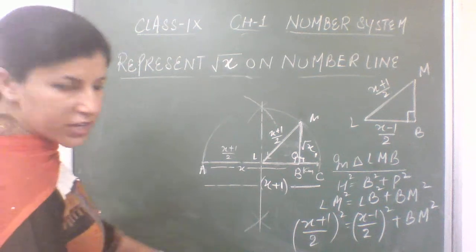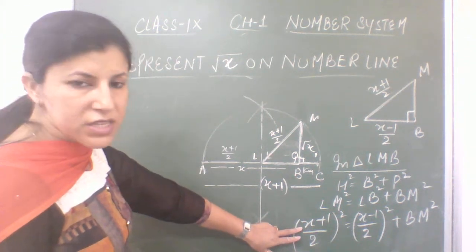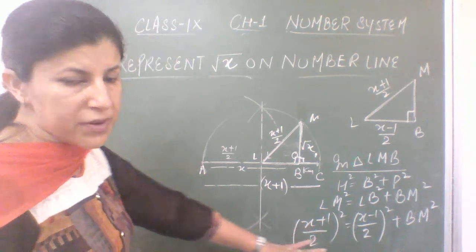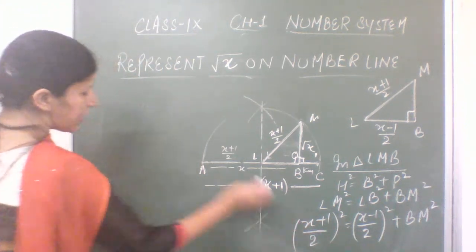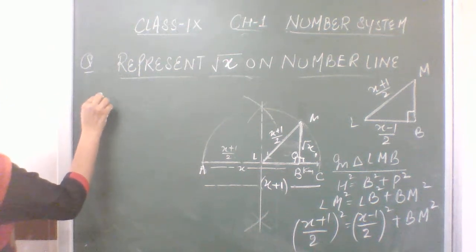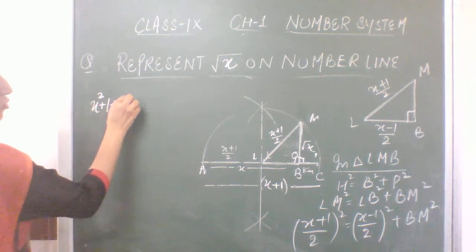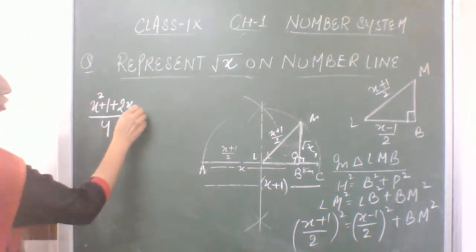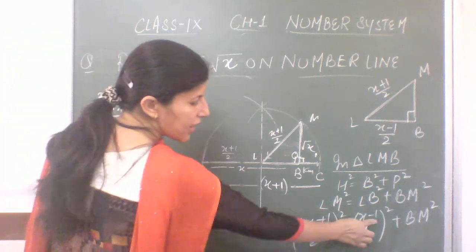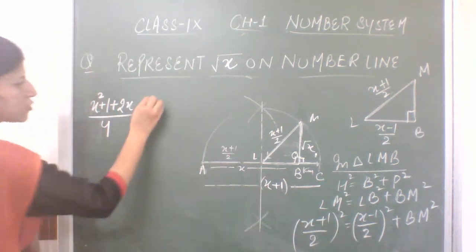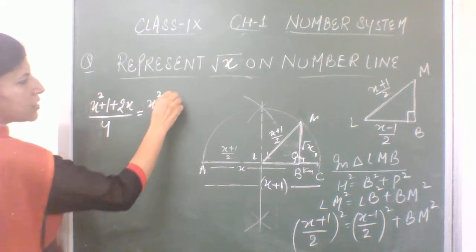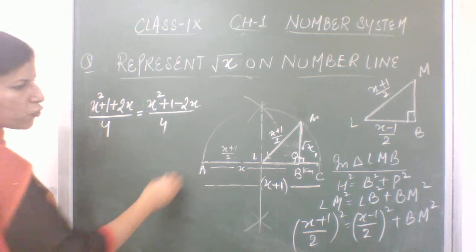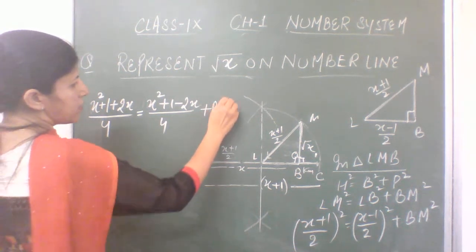अब देखो बेटा, how we can solve it? You have to firstly open these squares. (A plus B) whole square का क्या identity होता है? A square plus B square plus 2AB. तो can I write it as (x square plus 1 plus 2x) और denominator का भी square होगा, it will become 4. On this one side we have (A minus B) whole square, (x minus 1) whole square, A square plus B square minus 2AB divided by 4, plus BM square.